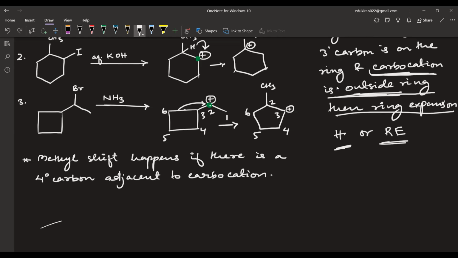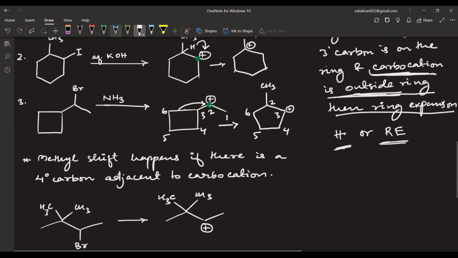So for example, if you have Br here, and you have here CH3 and here also CH3. So the carbocation that you will make, CH3, CH3. So this is a carbocation.